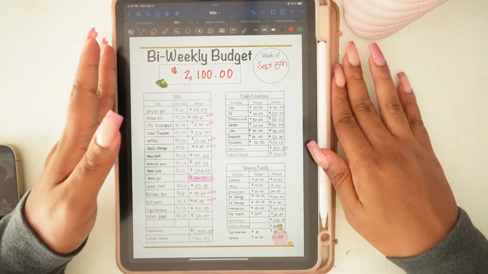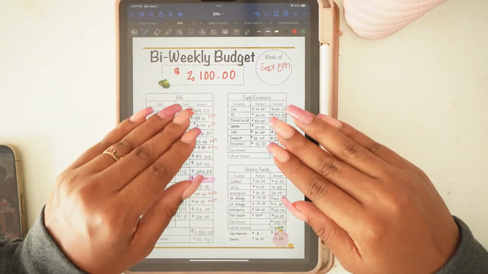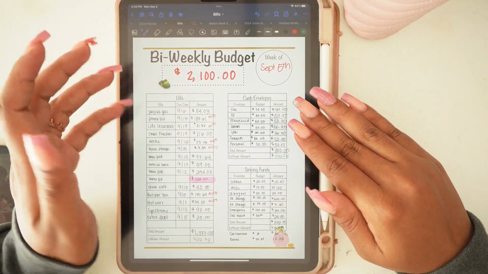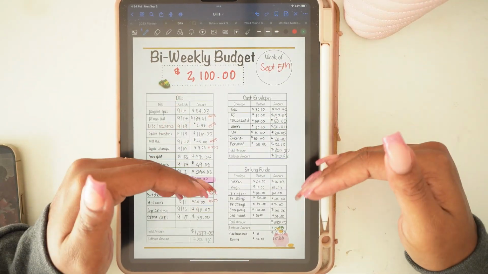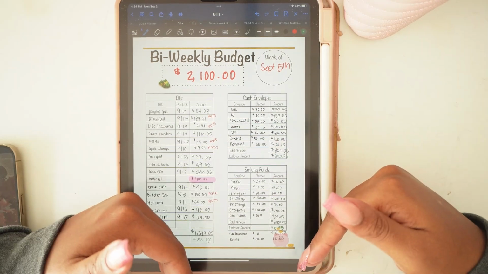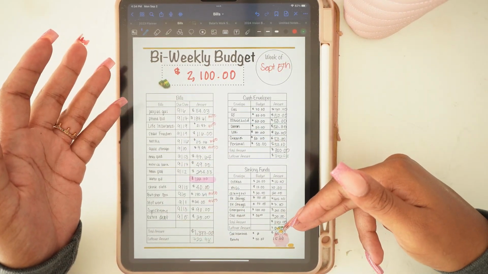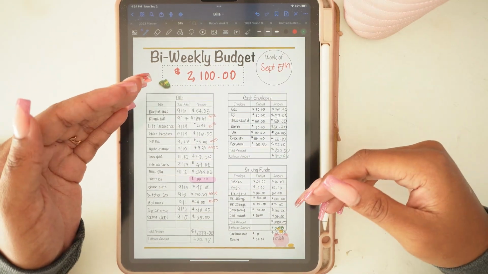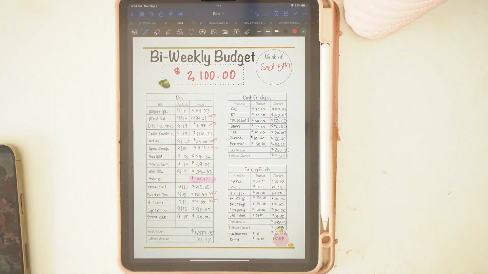Again, like I said, I start out with 2,100 if I know I'm gonna hit my 80 hours for that week, and I take all my bills, and then I set up for my cash envelopes and my sinking funds, and whatever buffer I have, I just leave it in there, and then I deposit the rest into my savings account.